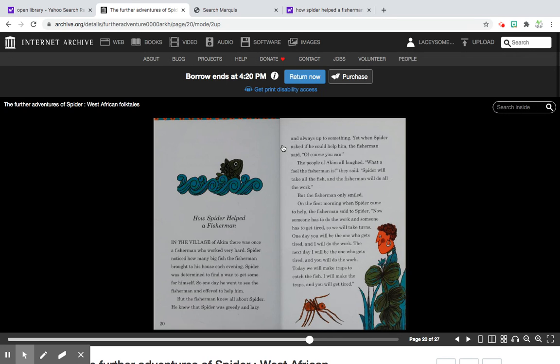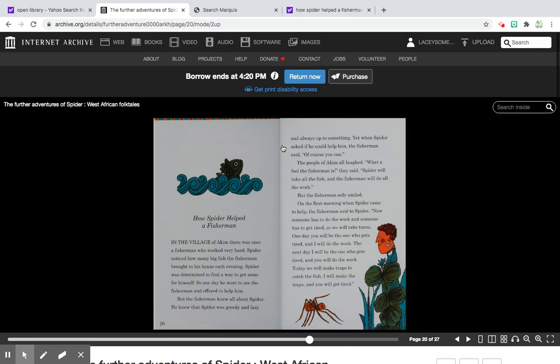And on the first morning, when Spider came to help, the fisherman said to Spider, "Now someone has to do the work, and someone has to get tired. So why don't we take turns? One day you will be the one who gets tired, and I'll do the work. And then the next day, I'll be the one who gets tired, and you can do the work. So today, we will make traps to catch the fish, and I will make the traps, and you will get tired."